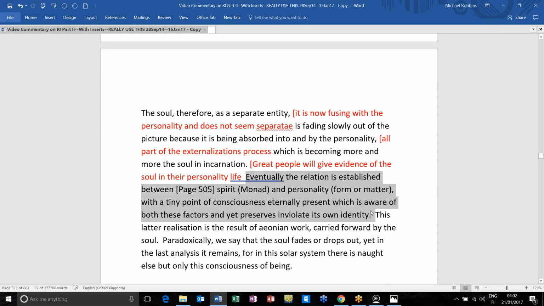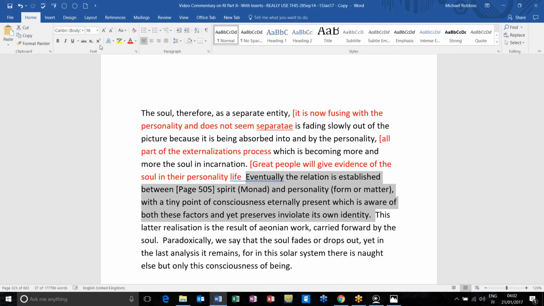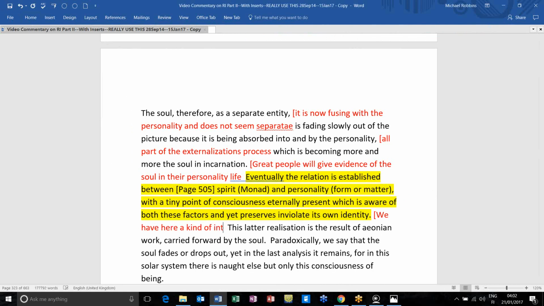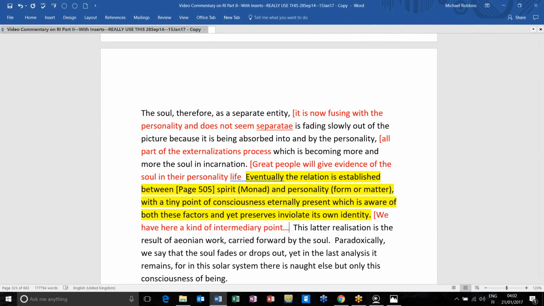From one point of view, we do realize ourselves as the monad, but this is an intermediary point. We have here a kind of intermediary point. So there is the personality, there is the monad triad, but there's also this tiny point of consciousness, which at least in this process remains.